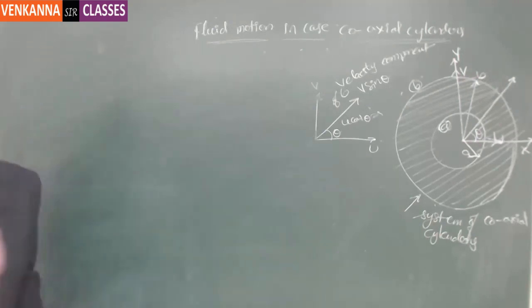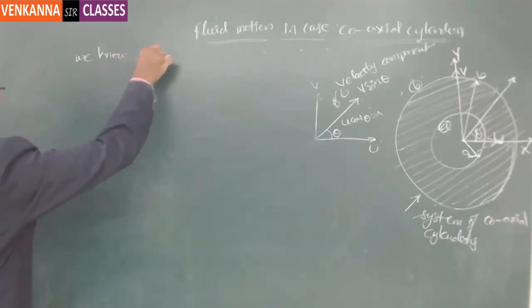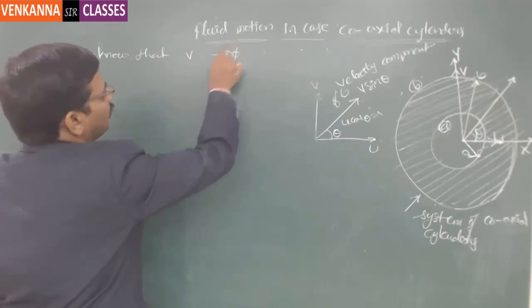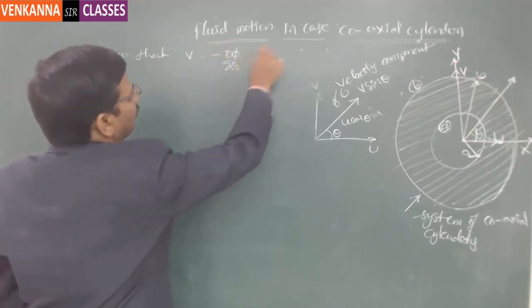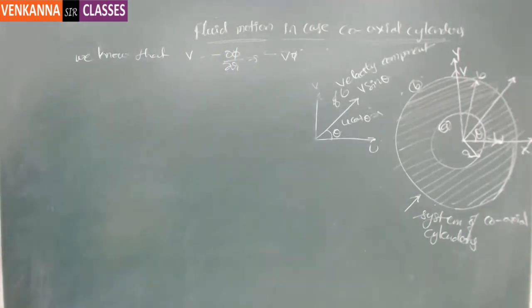So now here, we know that velocity is nothing but minus del phi.